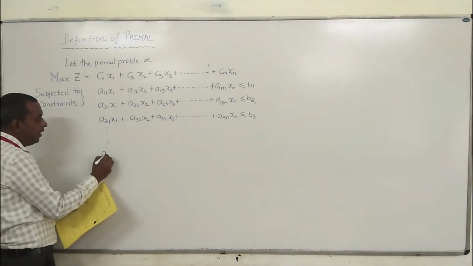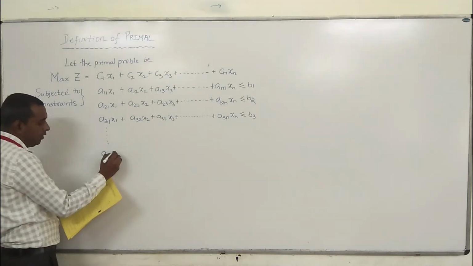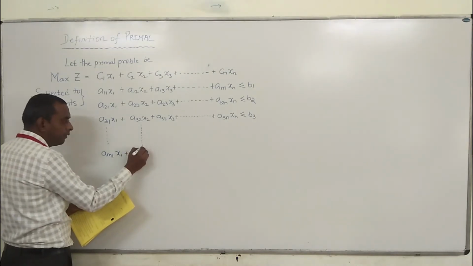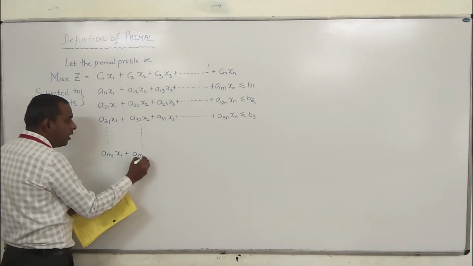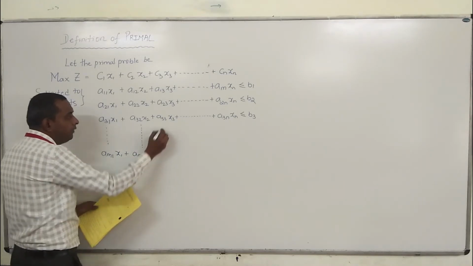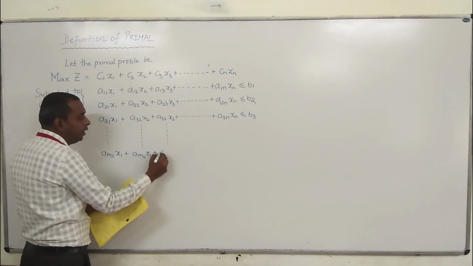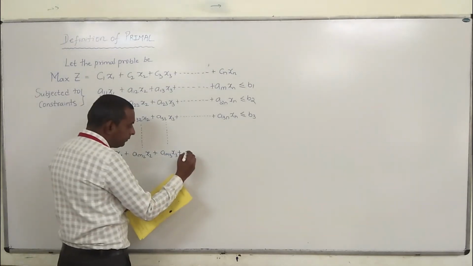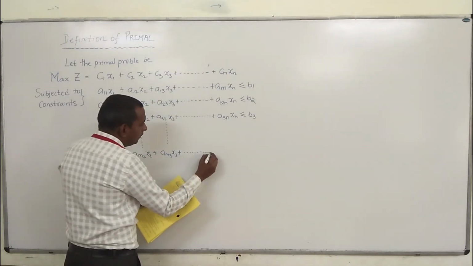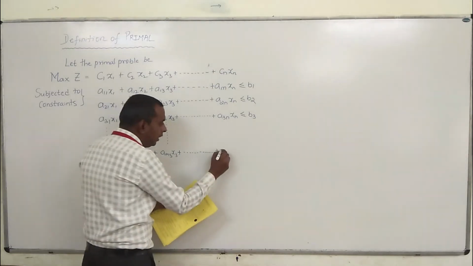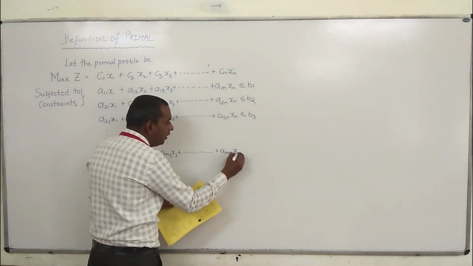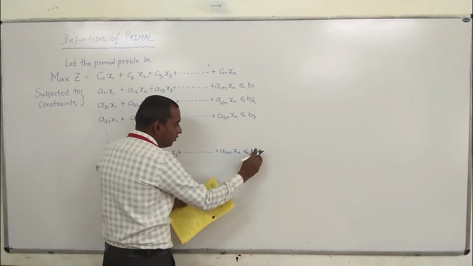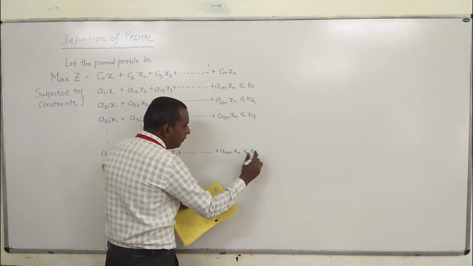If I say am1 x1 plus am2 x2 plus am3 x3 plus amn xn greater than or equal to bm, sorry, not bn, it is bm.